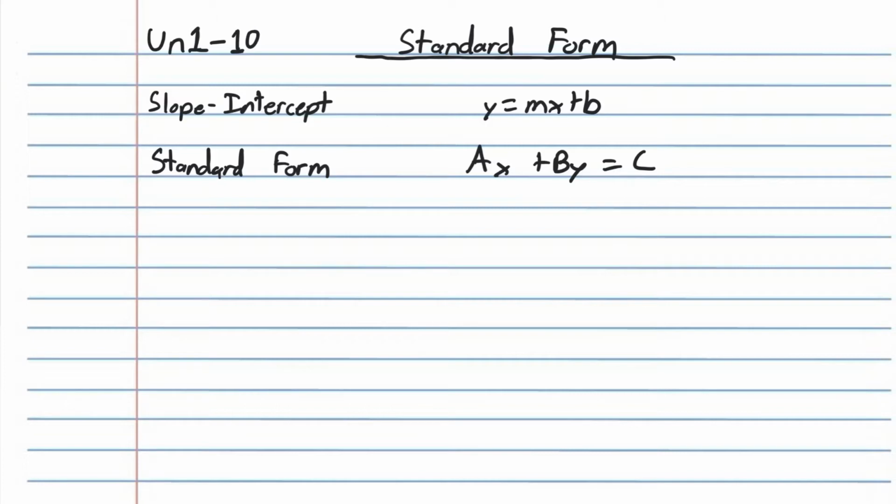Now, if you're asked to graph in standard form, there's really two methods you could go with. One's definitely going to be easier than the other. The first one, which you could do for any kind of graphing question, even in college level math, is to make a table and start plugging in values and see what works.